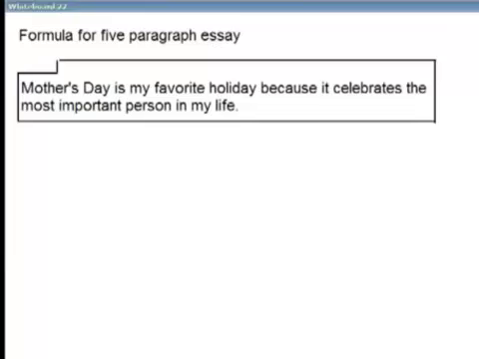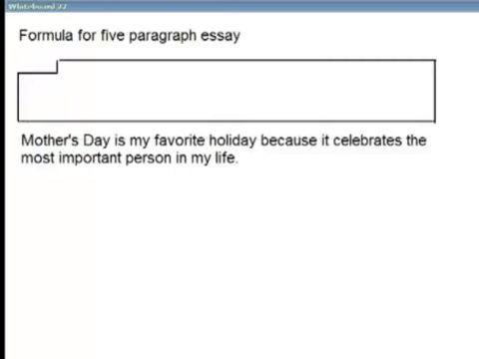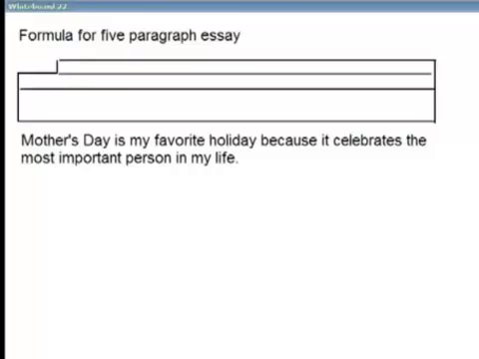Now, this thesis statement goes at the bottom of your paragraph. The thesis statement is the last sentence of the introduction paragraph. That's a very important rule for everybody to remember whenever writing these academic essays or academic responses.